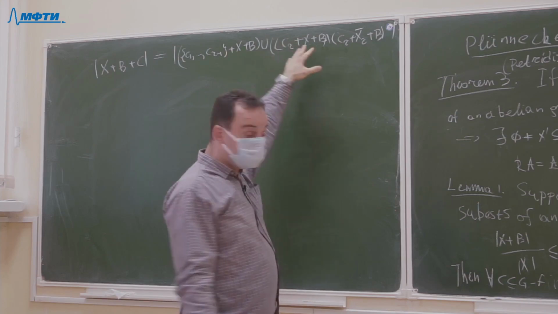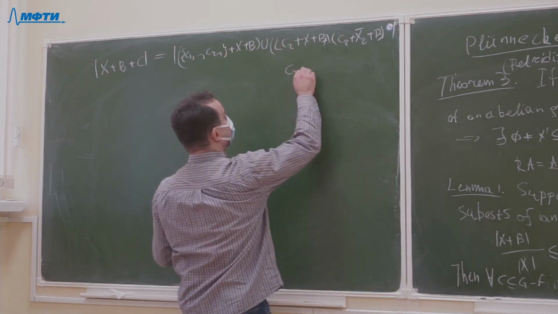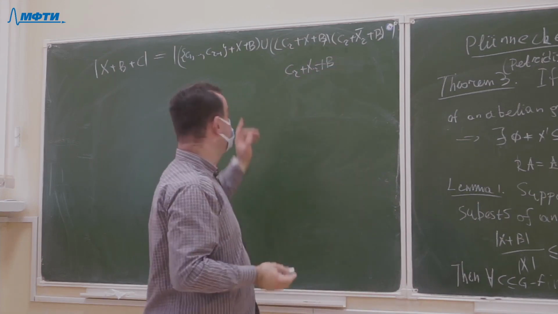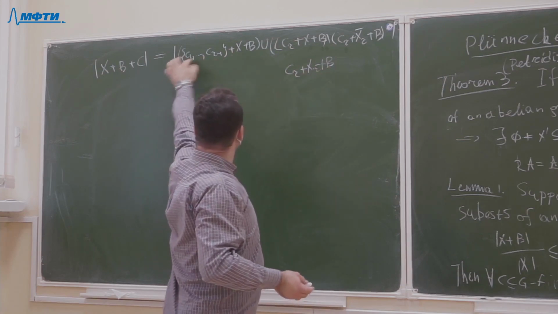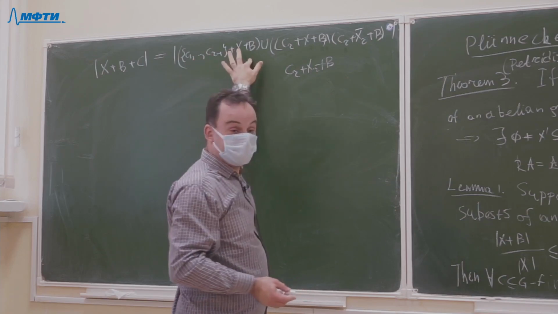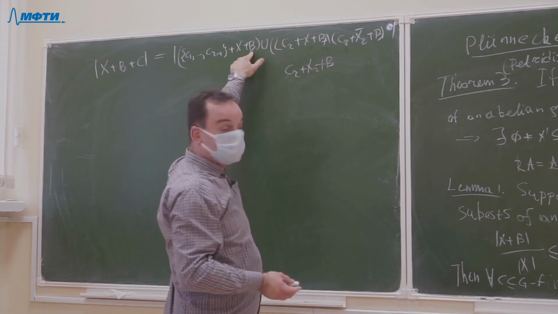And this is a non-intersecting union, but C_r plus X_r plus B, well, C_r plus X_r is non-intersecting with C_1 ... C_{r-1} plus X. But C_r plus X_r plus B can intersect with this set.